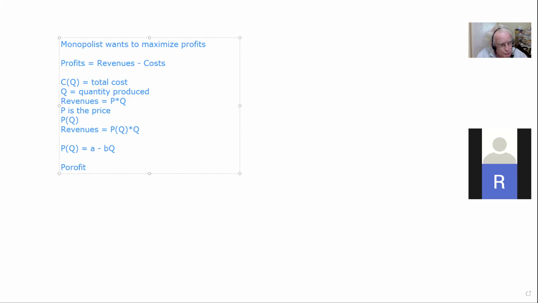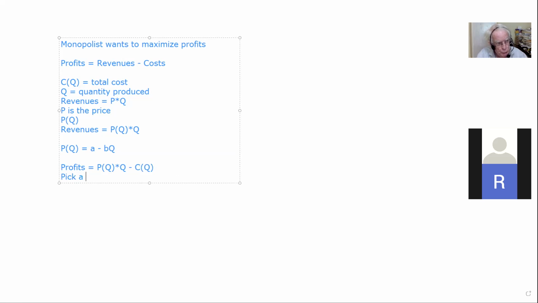So profits are revenues minus costs. There are total revenues and then there are total costs.